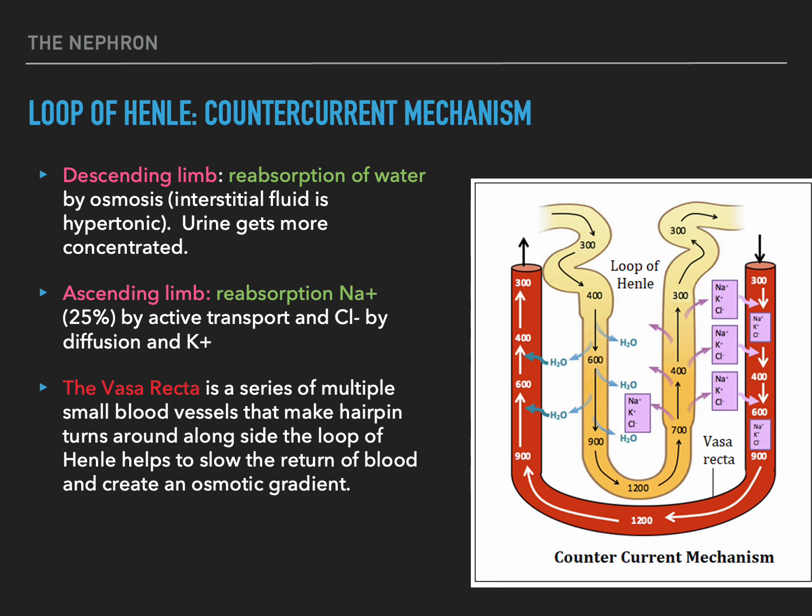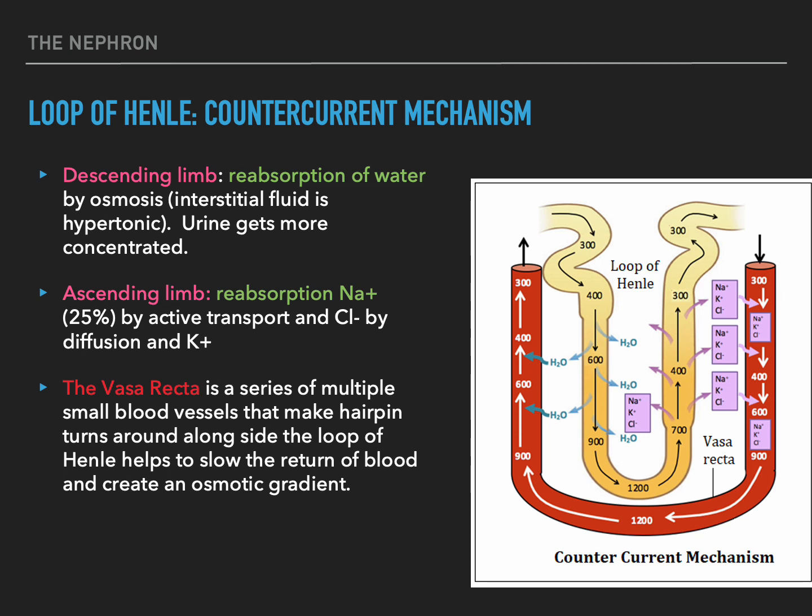Here's a closer look at those long loops of Henle that function via a countercurrent mechanism. The countercurrent mechanism moves water and solutes back and forth. As you move deeper into the medulla, the osmolarity of both the blood and the urine gets higher, more concentrated, as you can see in this schematic on the slide.